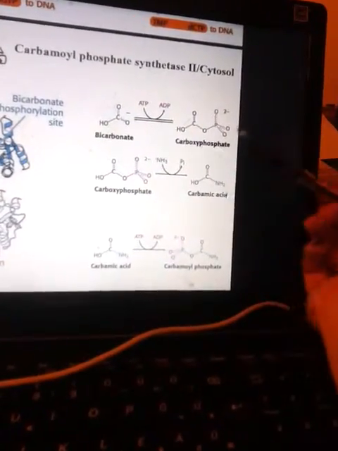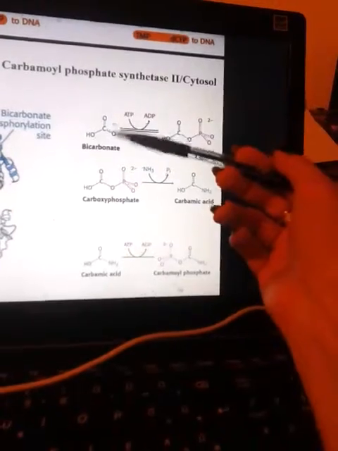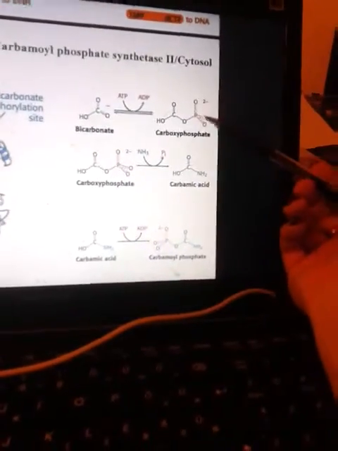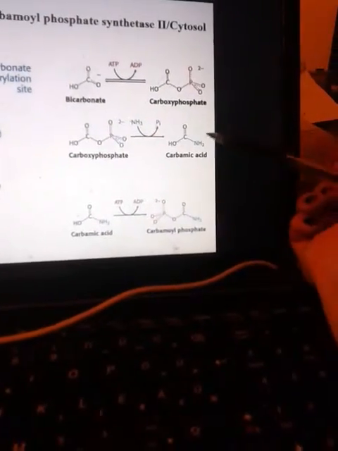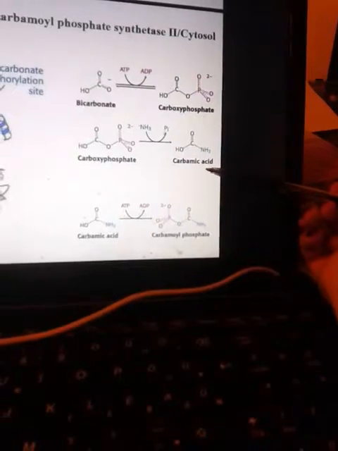Carbamoyl phosphate synthase 2 on the cytosol. Okay, what's that? Bicarbonate HCO3 minus uses ATP and phosphate comes in one of the O minus charge instead of OH minus. Carboxyphosphate gets the ammonia, and now we have a carbamic acid.